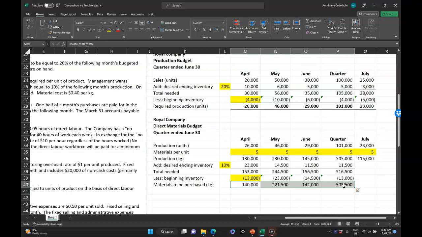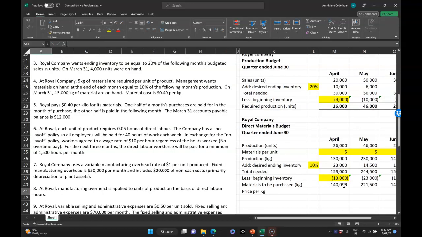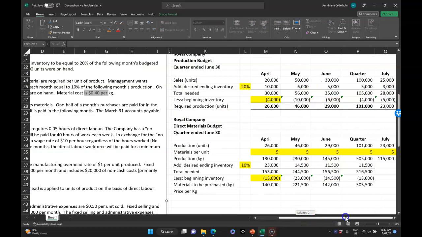But I do want to convert this into a dollar amount. So I'm going to figure out how much I'm paying per kilogram. And the question tells us that we're paying 40 cents per kilogram. So I'll put that in here as well.